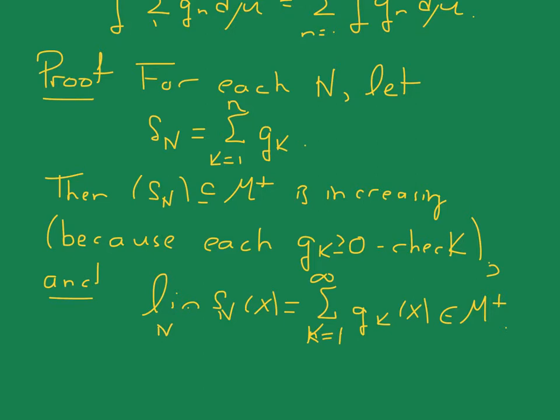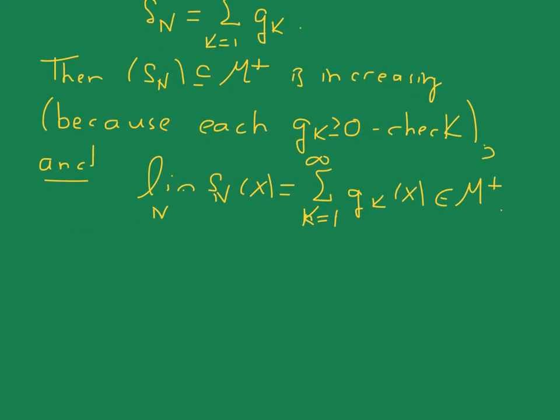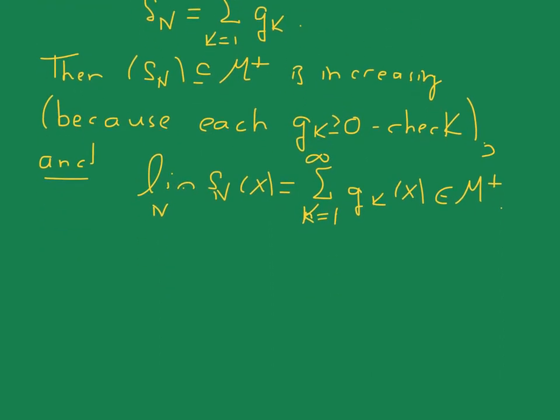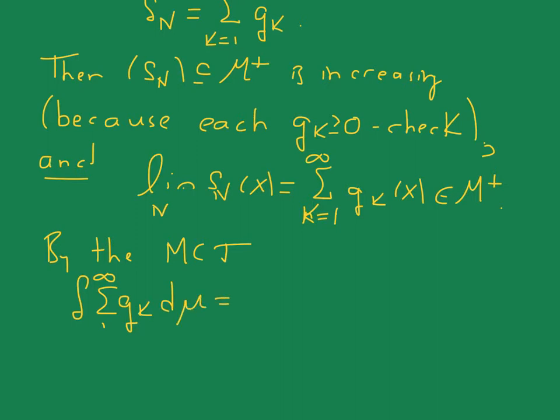All right, well, we have everything that we need now to apply the monotone convergence theorem. So, by the MCT, what can we say? The integral of the sum of these g sub k's, well, that, as we said, is equal to the integral of the limit of this sequence of increasing measurable functions.